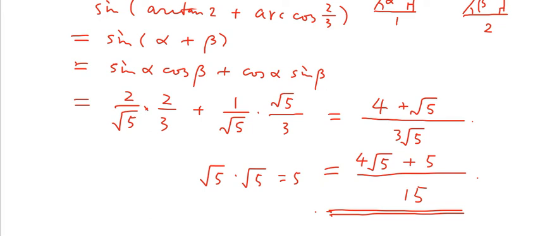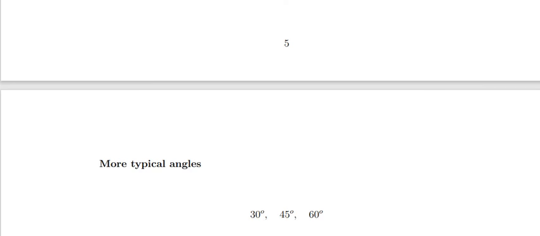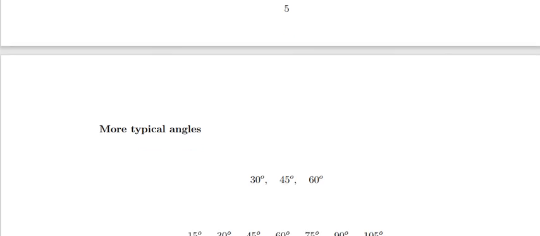Okay. So we say those kinds of problems are so easy. If we know two angles alpha and beta, we can produce their sum or difference. Using this method, we can produce many more typical angles.